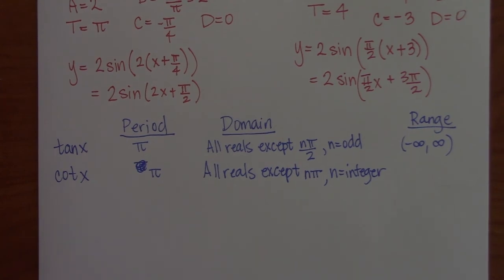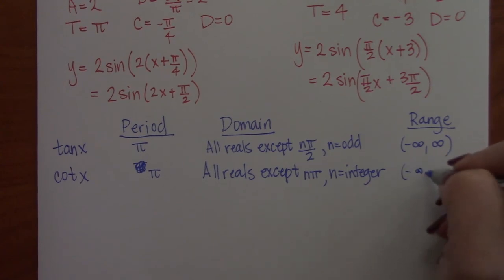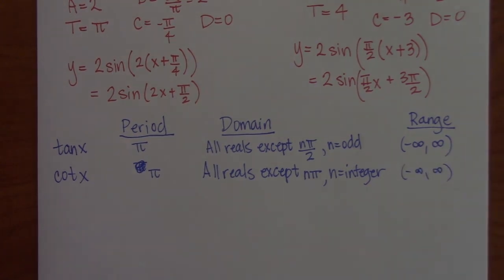So now that gives us 1, 2, 3, 4, 5, 6 pi, but it also includes negative 1, negative 2, negative 3. So it's kicking out all the appropriate places, and the range of this is also negative infinity to positive infinity.